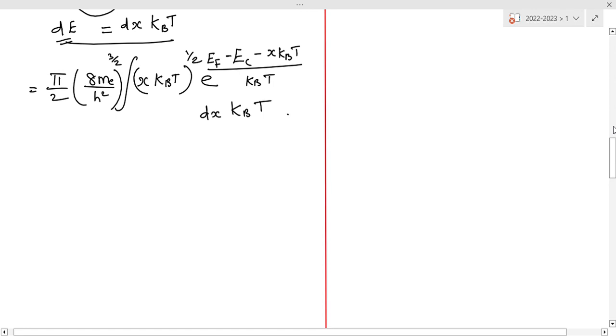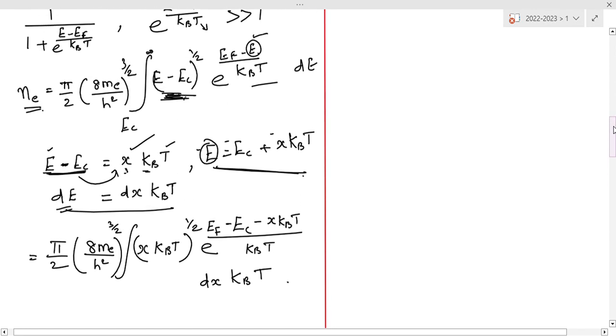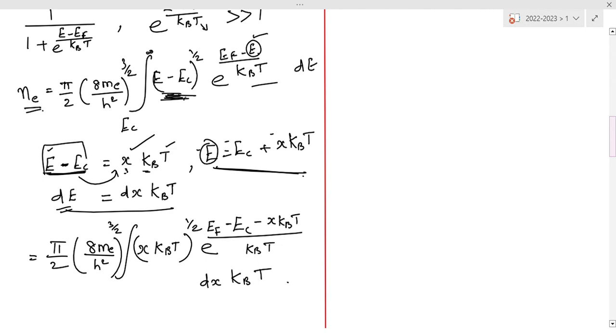Before that, let me explain about the limits change also, because all the energy notations have been replaced by x. Here can you see this? E minus EC is replaced by x kBT, and then E is equal to EC plus x kBT, dE is equal to dx kBT.